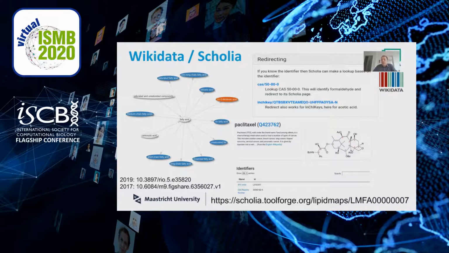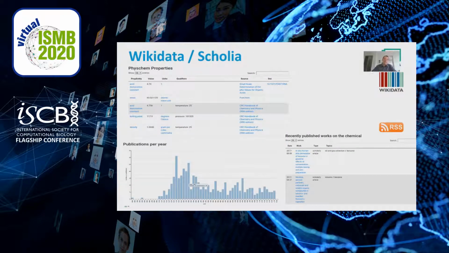It also has links to the English Wikipedia, some redirecting, and at the bottom you can see the redirect in action for a LIPID MAPS identifier. And by using this approach, Wikidata and Scholia actually provide us with additional information, crowdsourced just like with Wikipedia itself, about chemical compounds. So physical chemical properties, and very interestingly, publications that mention or describe that chemical compound.